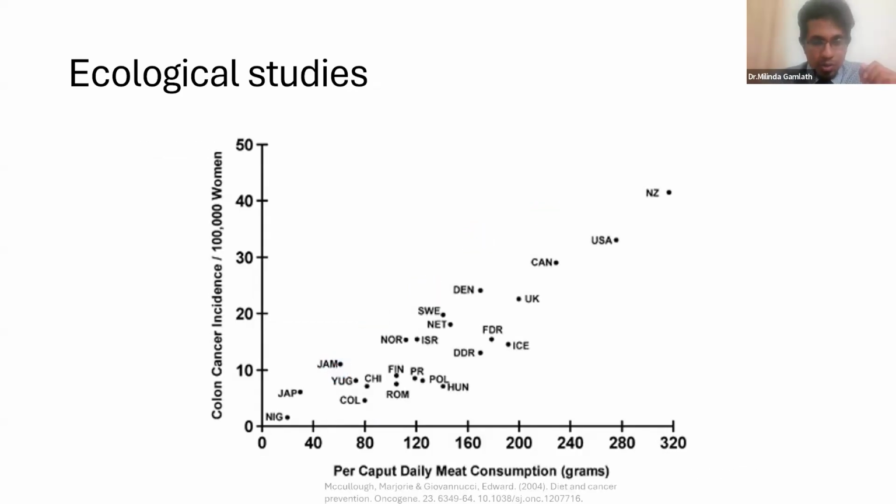So an example would be something like this, which they have done. They have taken different countries and they have looked at the average meat consumption, how much meat they consume, and then also what is their colon cancer incidence, right?